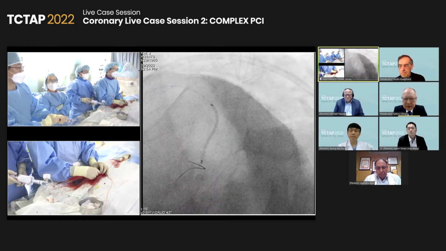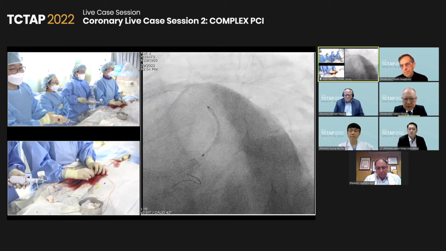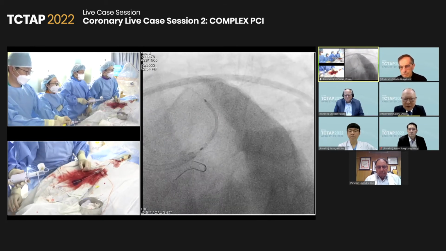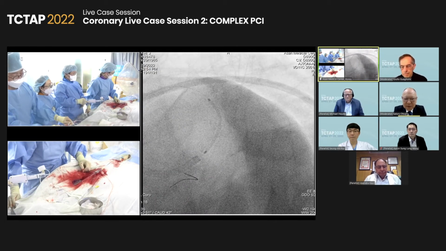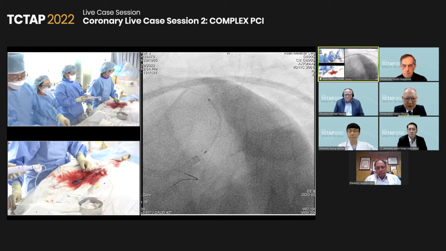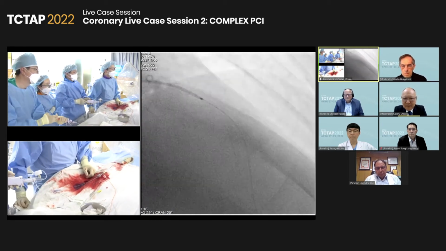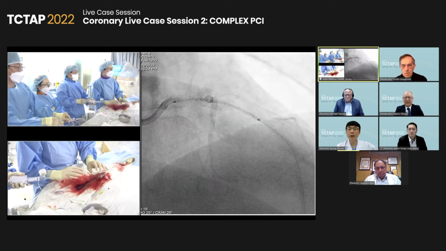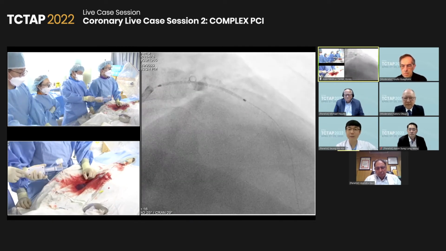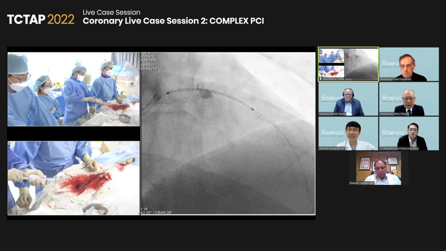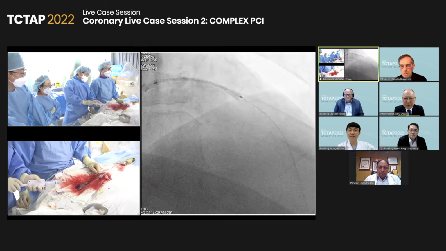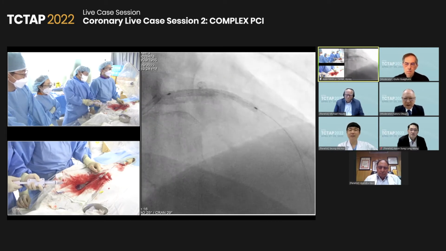So using only a small burr and a much bigger lumen, we can obtain it by using the rotablator. In that case, what size burr? Maybe 1.5 for the proximal concentric region.